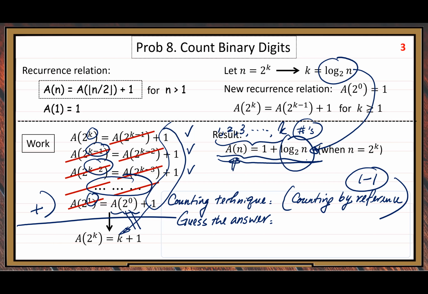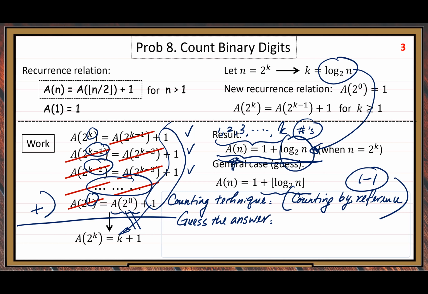We have seen it before. The guess: use the floor function. If you put a floor function on log base 2 of n, now it becomes an integer expression for any positive integer n. But we don't know if it is a correct guess or not.